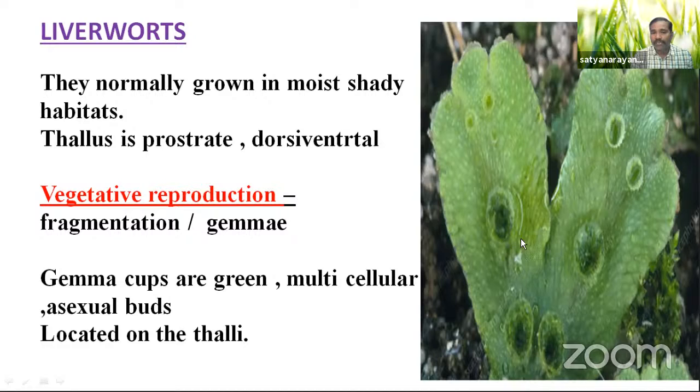That means when they detach from the thallus and fall on the soil, they produce a new plant body. In liverworts, the asexual or vegetative reproduction is done by gemma cups. What are gemma cups? The gemma cups are green multicellular asexual buds. When they detach from the plant body, they produce a new thallus.